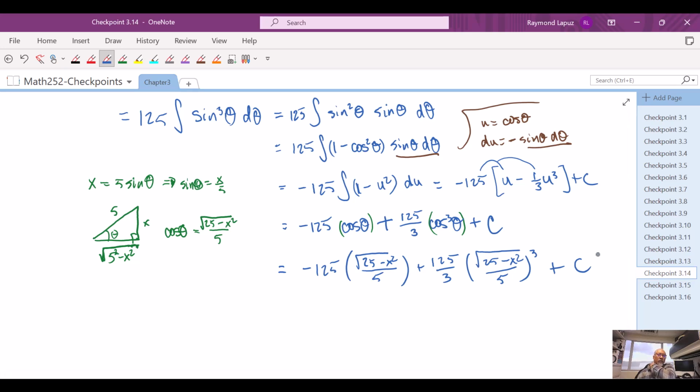So we can do various simplification processes here and then get the result that we are looking for. So I think that's it.